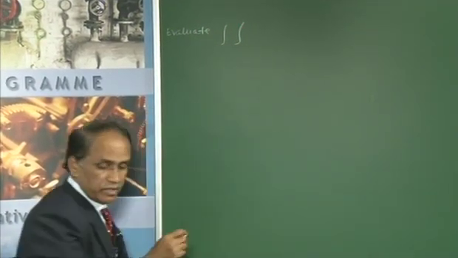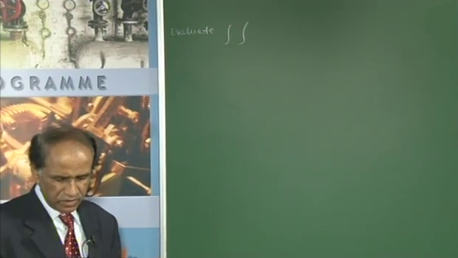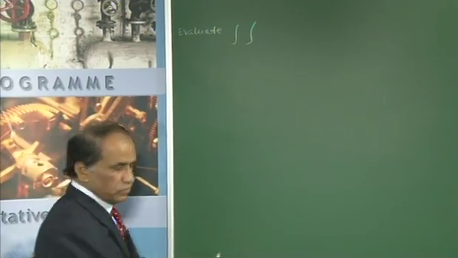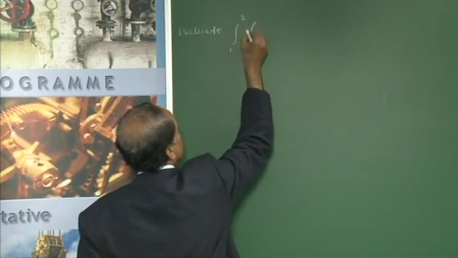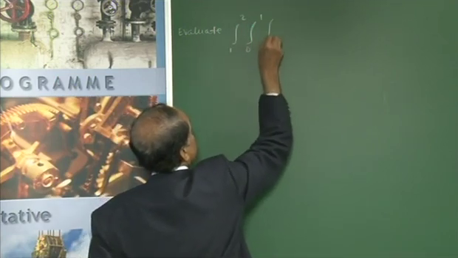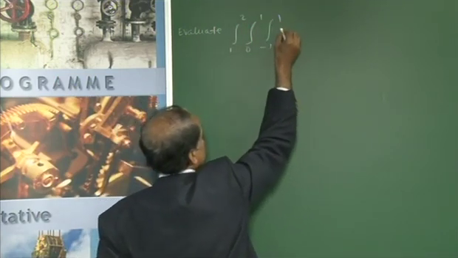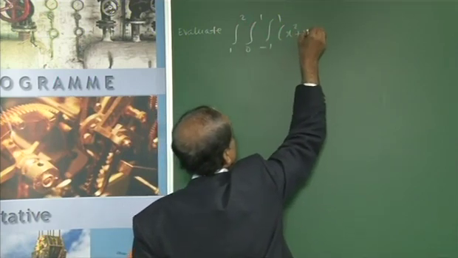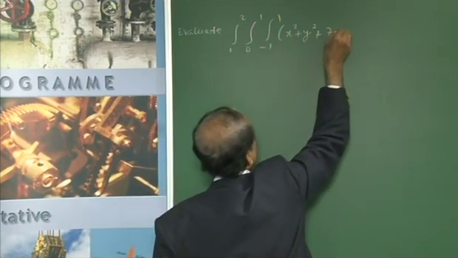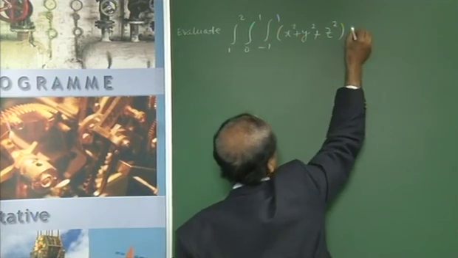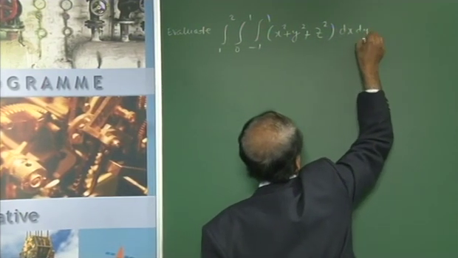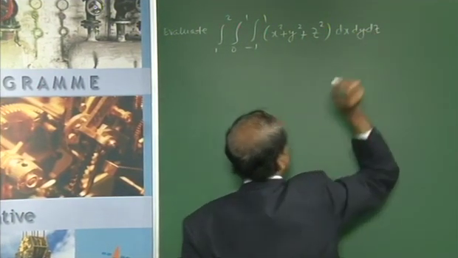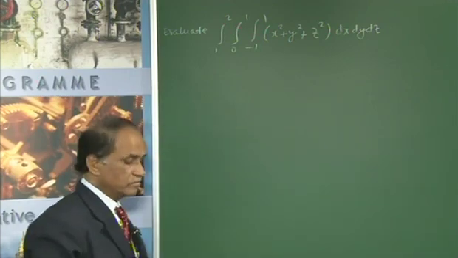with the limits 1 to 2, 0 to 1, and minus 1 to plus 1, of x square plus y square plus z square, dx, dy, dz.